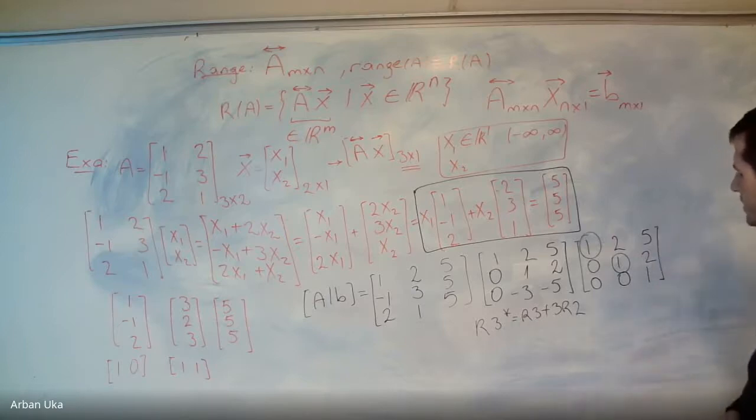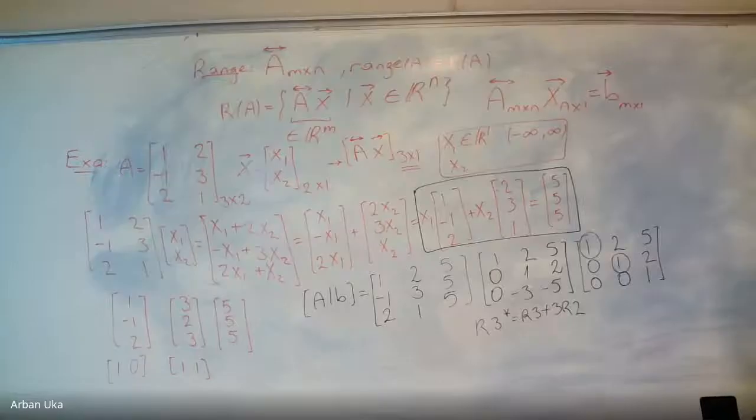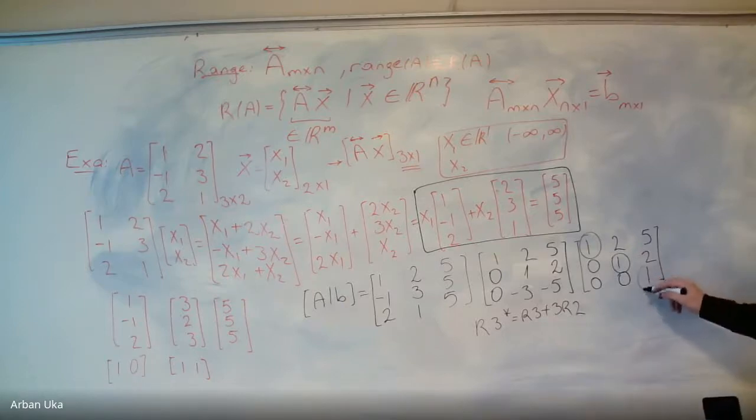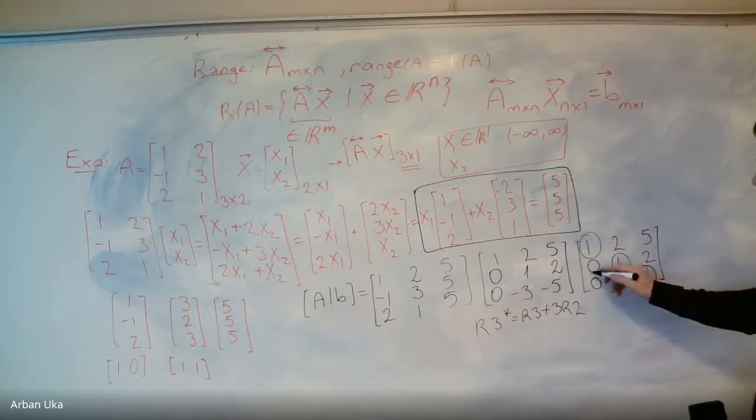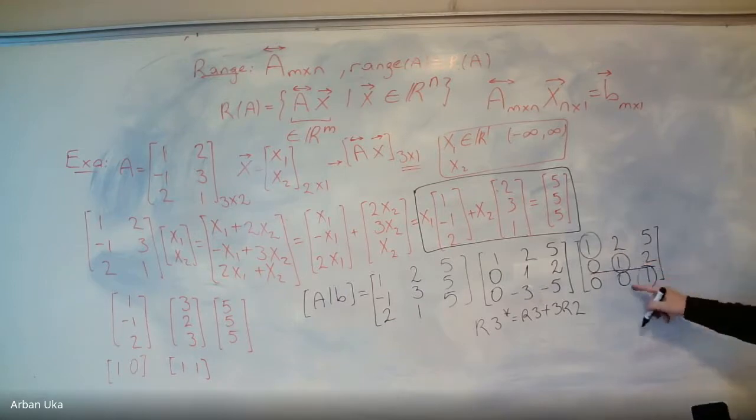What can you say now here? This is the row echelon form. Yes, it's a row echelon form, not the reduced row echelon form, because we have here leading ones, and we can make this 0 and these two 0. We can do that. But how can you read the last equation here?